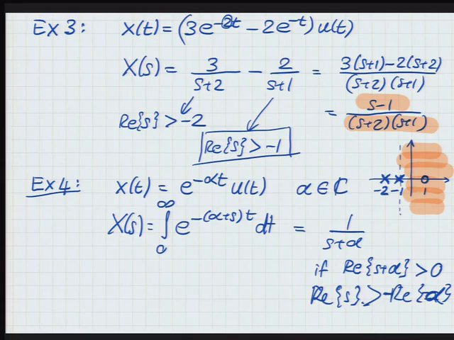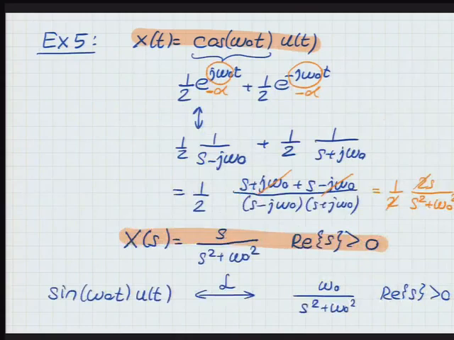All right, so we could do other examples, but I'm not going to do all of them. Let's look at example 5. Let's make a little drawing here of the complex plane, and you tell me where the poles and zeros are. The zero is easy. It's at 0. Doesn't get easier than that.